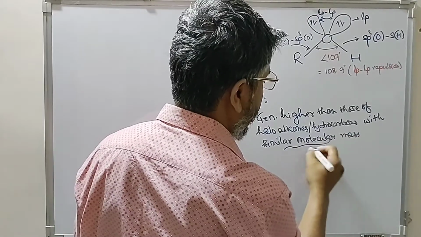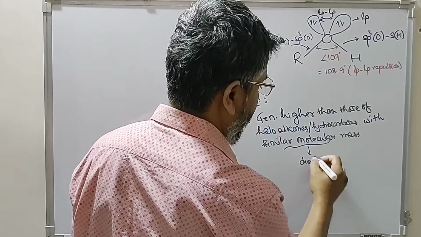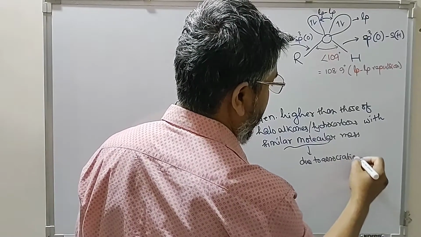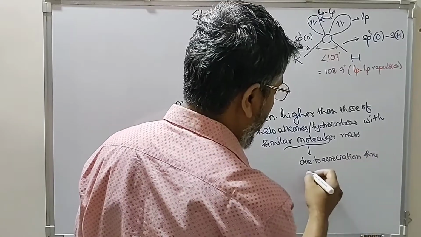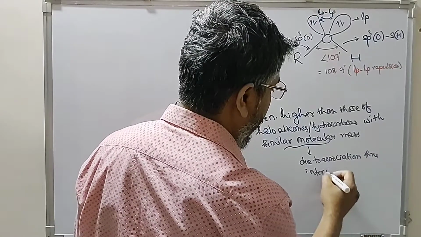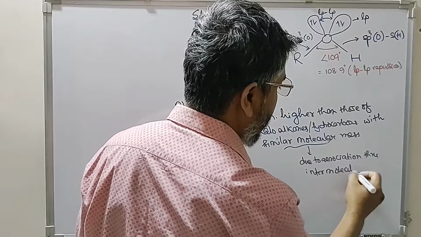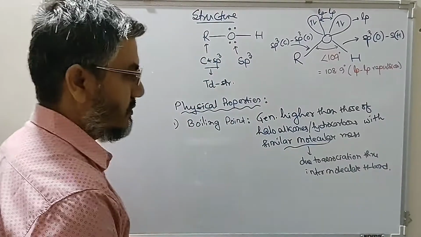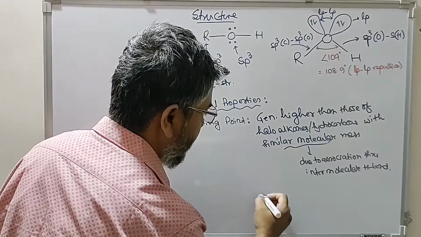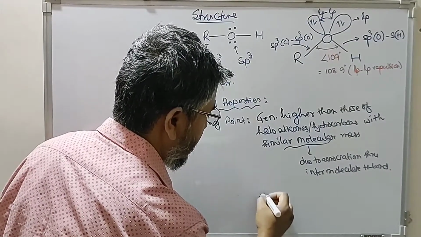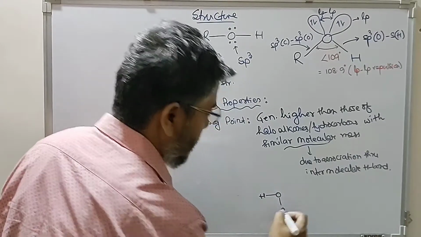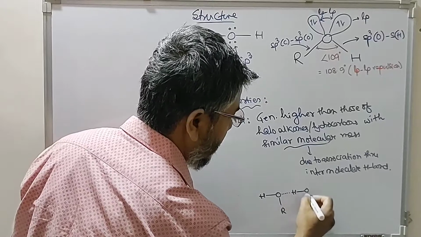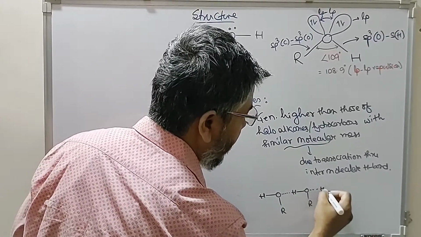And the reason for this is association through intermolecular hydrogen bond. So look at this, we have this. So this oxygen is hydrogen bonded to this hydrogen of another molecule, and this keeps on extending.